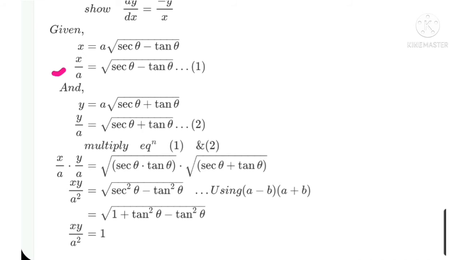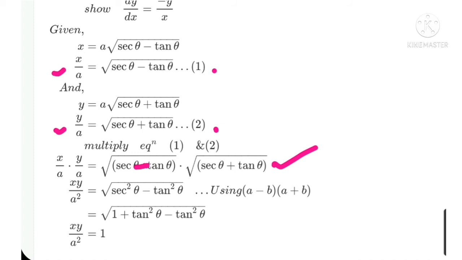Similarly, from y given as a root sec theta plus tan theta, you write y upon a is equal to root sec theta plus tan theta. Now you multiply equation 1 and 2. What happens? xy upon a square is equal to, observe this, this is in the form root a minus b into root a plus b.